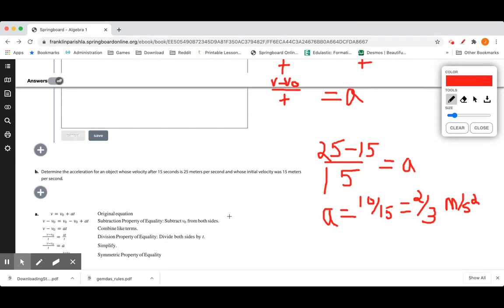Something you might want to look into is called unit analysis, and that will teach you how all the meters per second and seconds and meters per second become meters per second squared. And I said meters per second twice because there's a meters per second for the velocity over here and a meters per second for the velocity here, and just plain seconds down here.